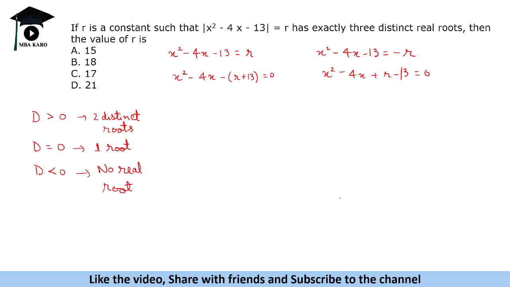So we basically have two quadratic equations, and we need to have three roots. So that means one of the equations will have two roots and another equation will have one root. So let us find out D in both the cases.